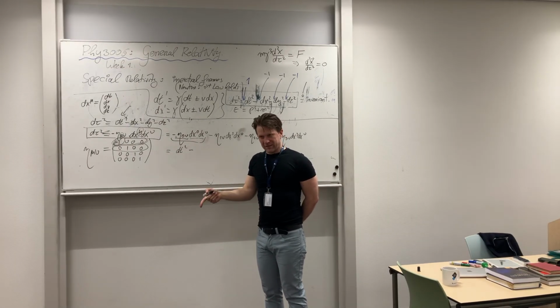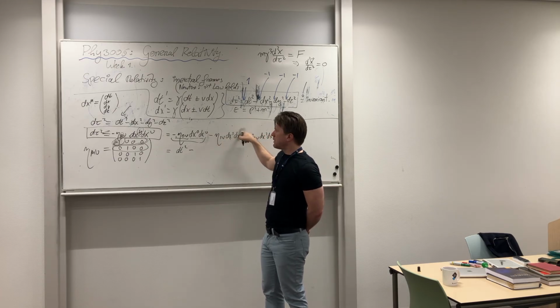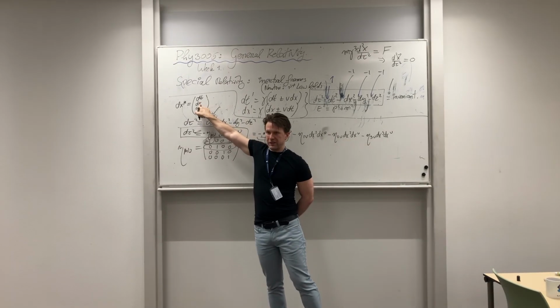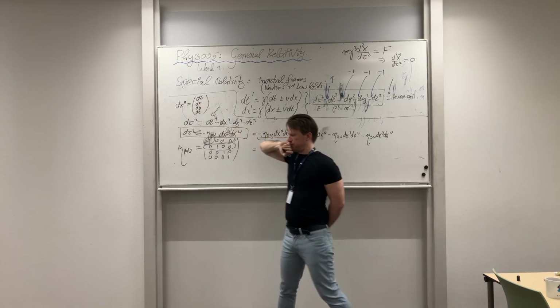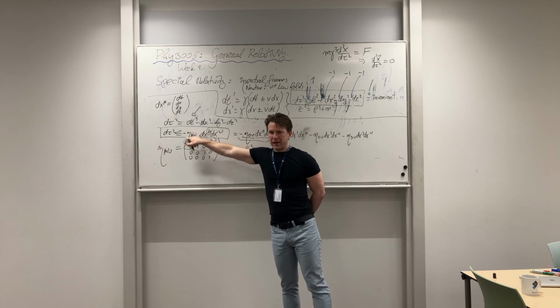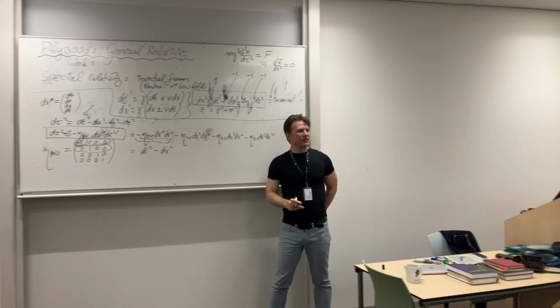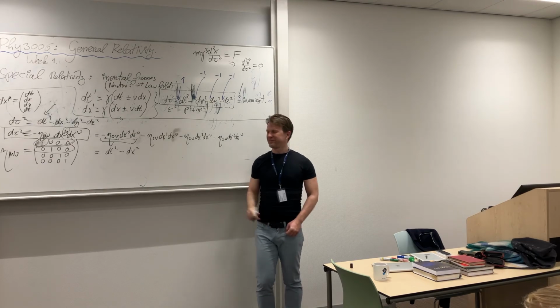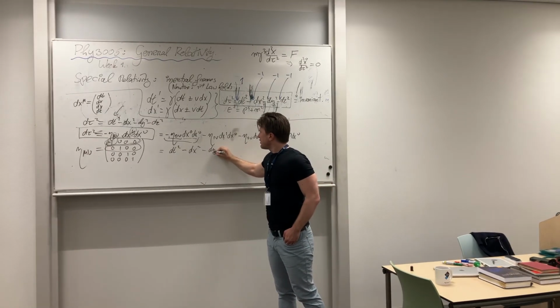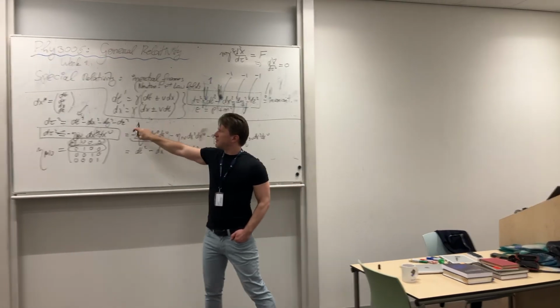That is nu is 1. So I get eta 1 1, dx1, dx1, and dx1 is what we know as dx squared. And it gets multiplied by 1. There was a minus already in front, so I get minus dx squared, and so on and so forth. Do the same with the other terms, and then I get back to where I started.